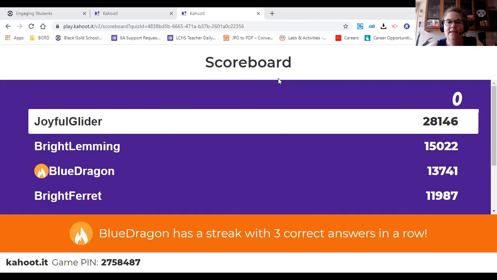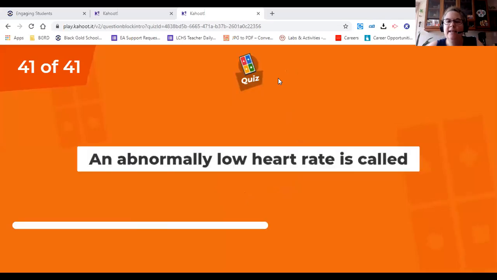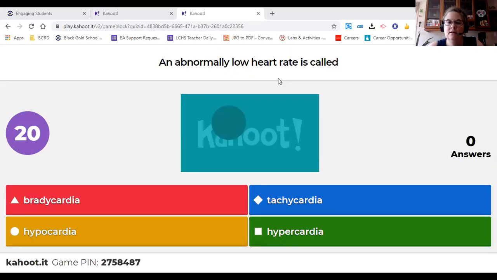And last question. An abnormally low heart rate is called bradycardia, hypocardia, tachycardia, or hypercardia.